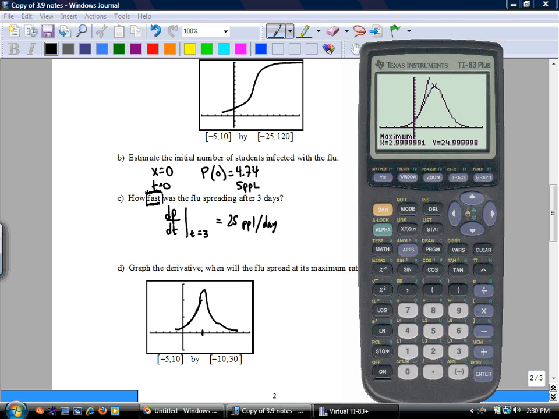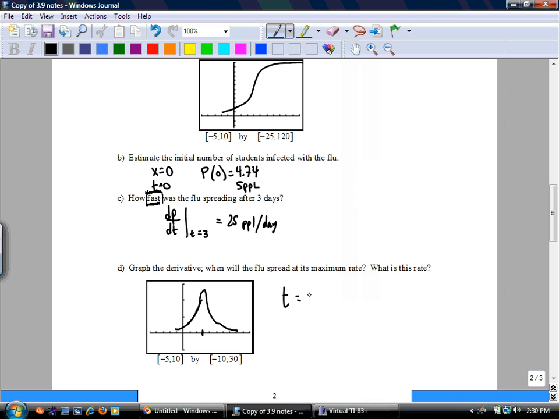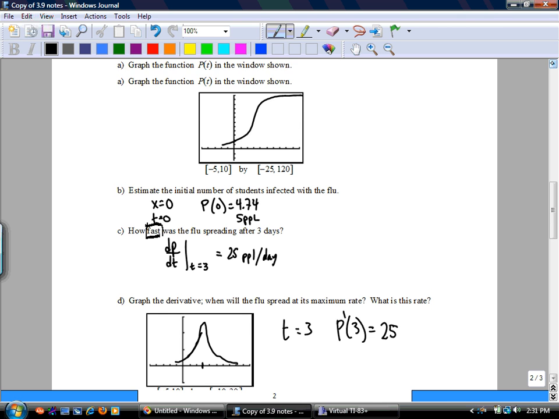I want you to think about why you know it's when x is 3, y is 25, or when t is 3. Think about it, folks. At t equals 3, right here on the graph, tell me how fast I'm going.